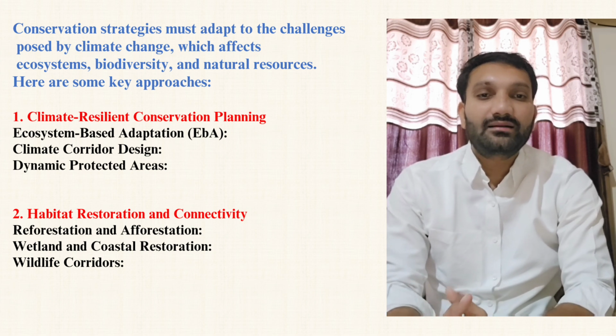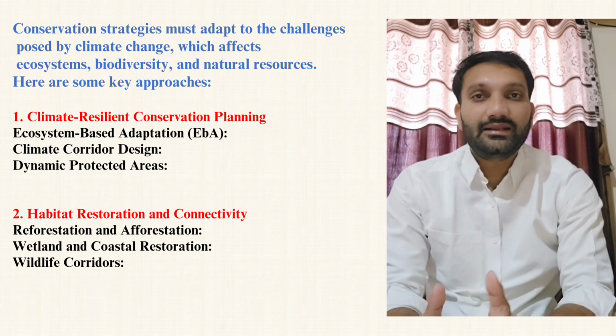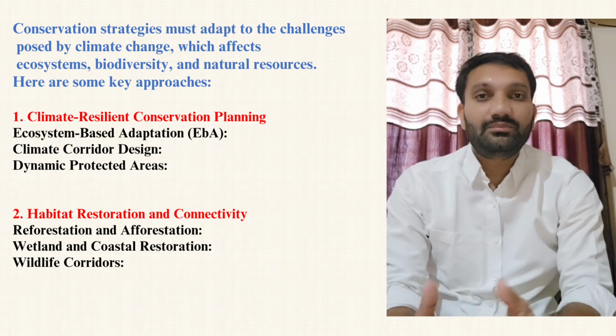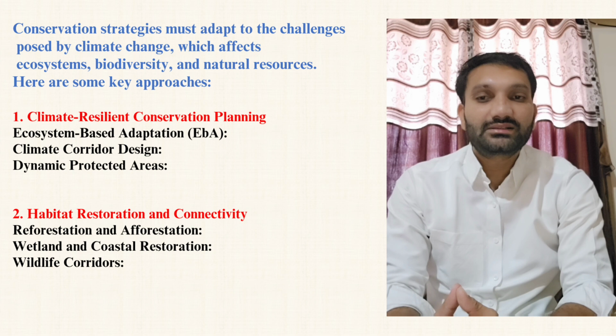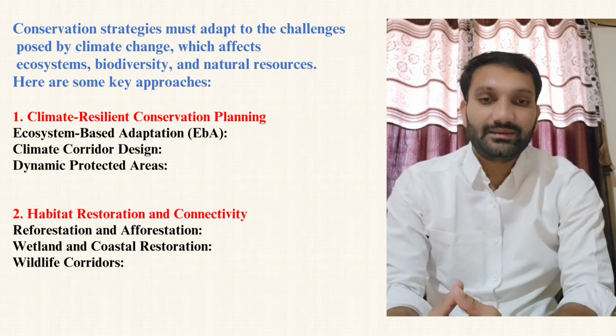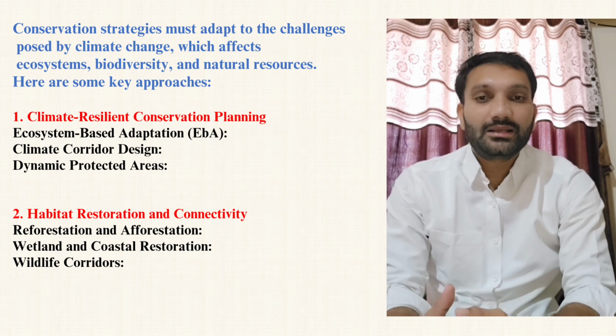So we need to protect and restore the natural ecosystem first. That includes wetlands, the water bodies, and the forest that provide a lot of natural resources to human beings, along with oxygen, which is most essential for the survival of any organism. So this will build resilience against the climatic impact. For example, floods and drought can be prevented if we focus on restoring the natural resources.